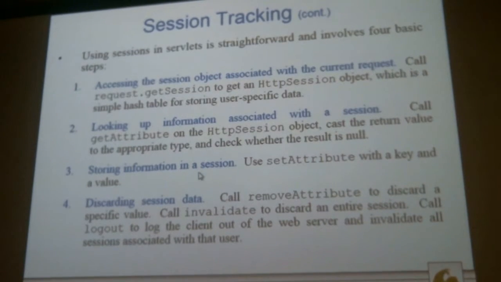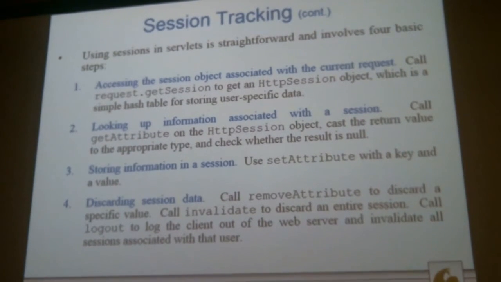So with session tracking, there are basically 4 main steps when you're dealing with servlets and session tracking. The first thing is you need to access the session object that's associated with the current request. In other words, the server has a lot of pending requests, a lot of different users connecting to the server.